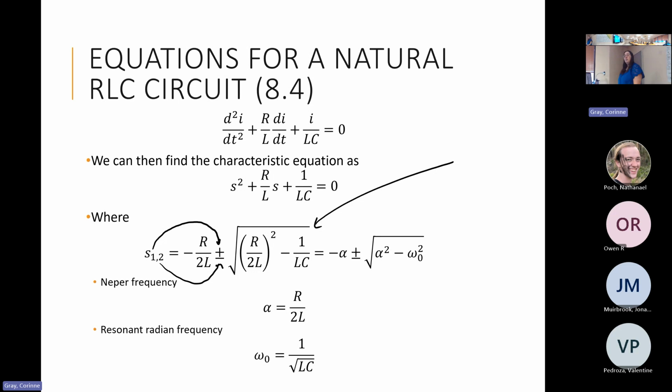Do you guys think we can find an imaginary solution? Is 1 over LC ever going to be bigger than the R over 2L quantity squared?